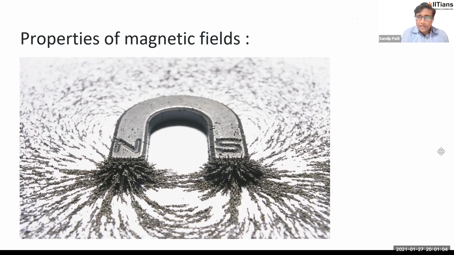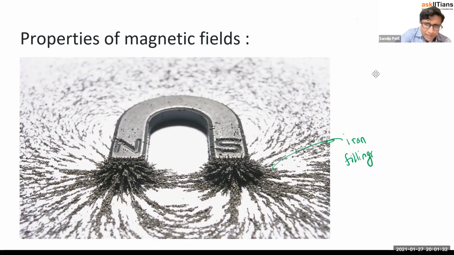You could consider our normal bar magnet also. So here, this is a magnet, and the things you can see here are iron filings. Iron filings means very small particles of iron material which could be attracted towards the magnet, right?